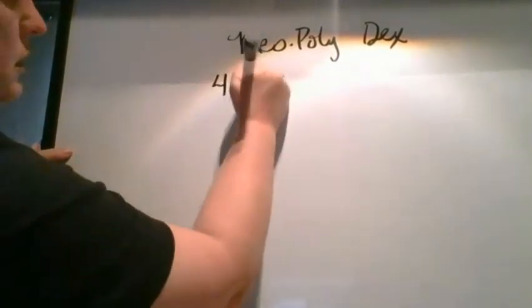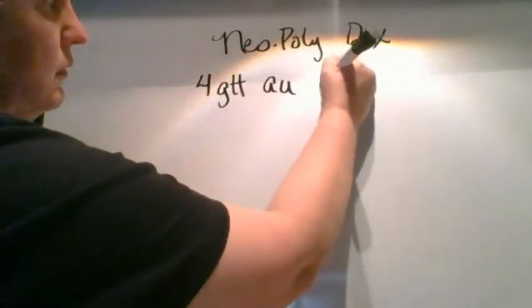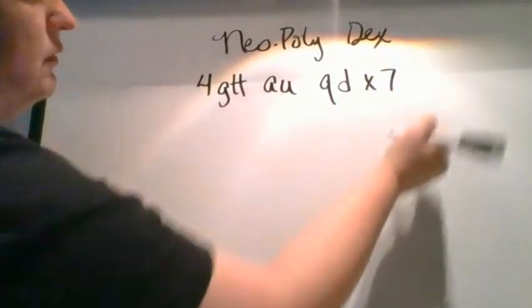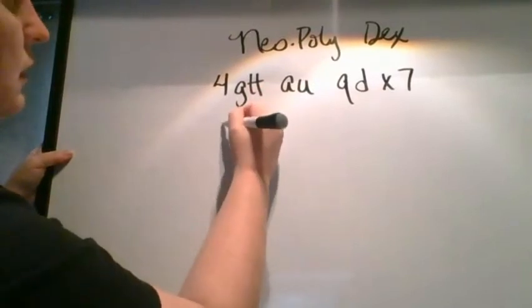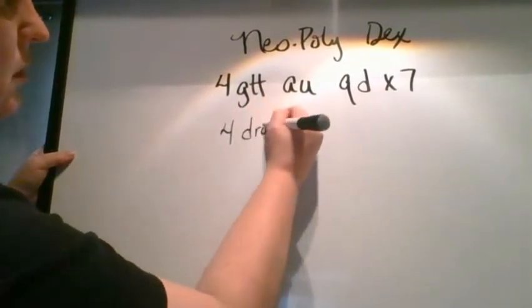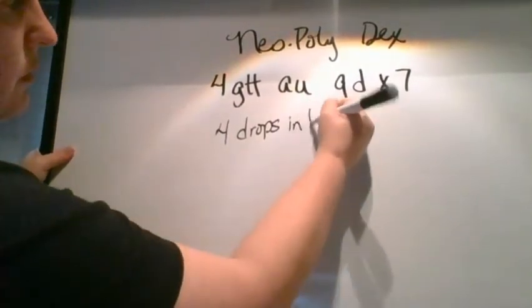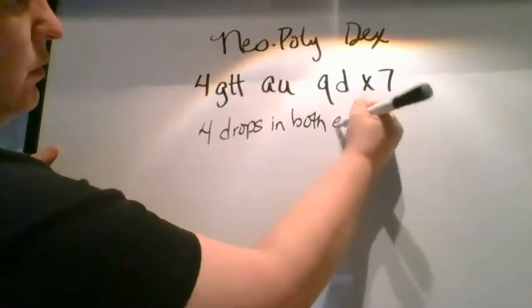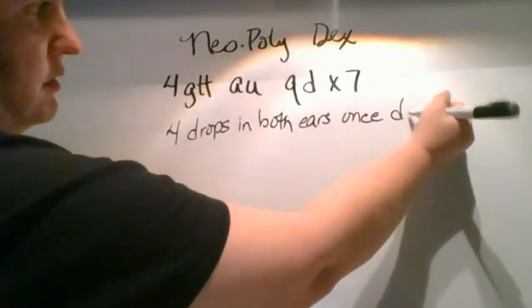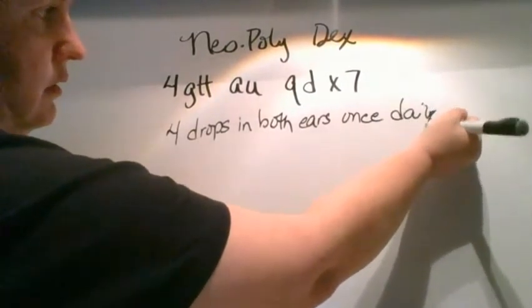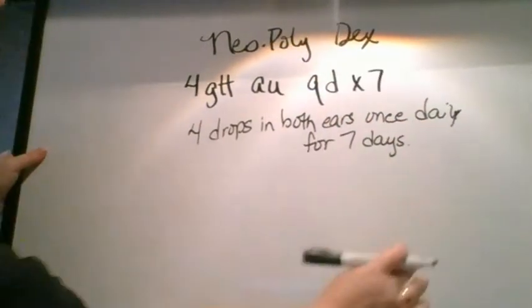So let's do 4 GTT AU QD times 7. Okay, so here you've got 4 drops. A is auditory, U is both. So in both ears, once daily, for 7 days.